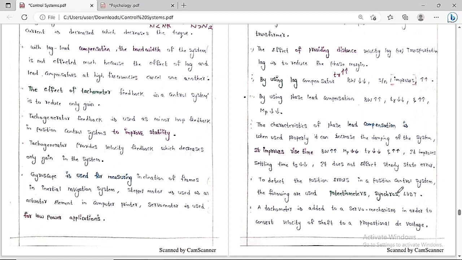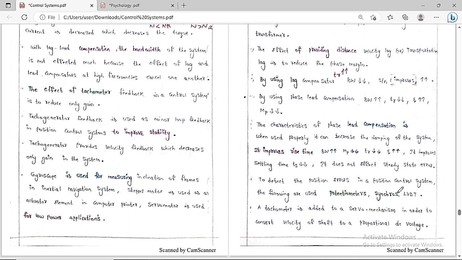So we can say these potentiometers, synchros as well as LVDT are basically used to detect the position errors in the case of position control system.